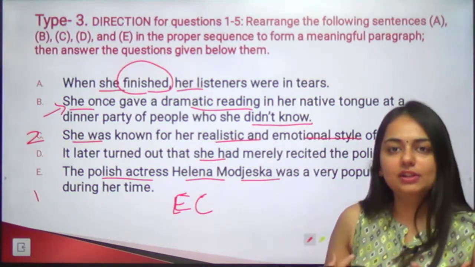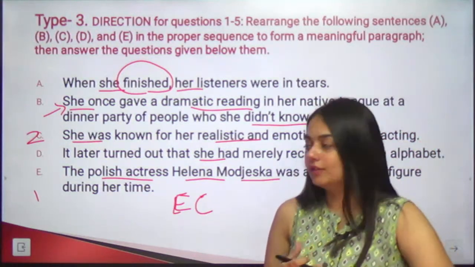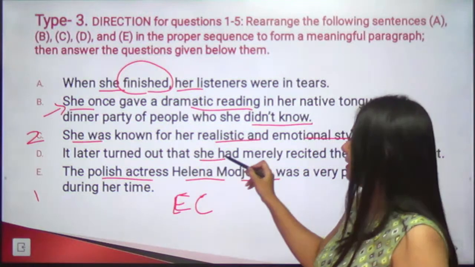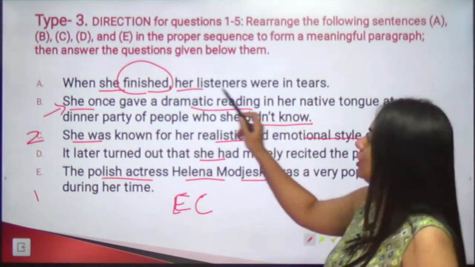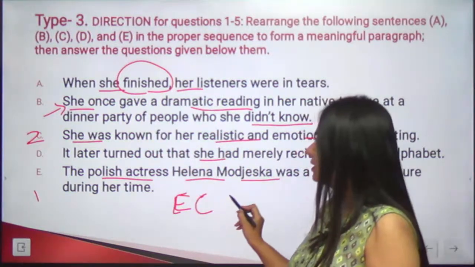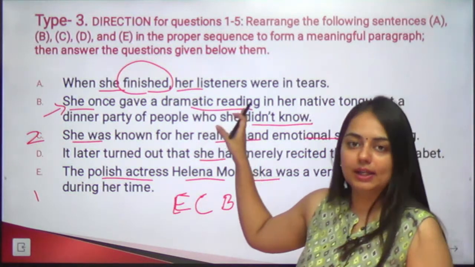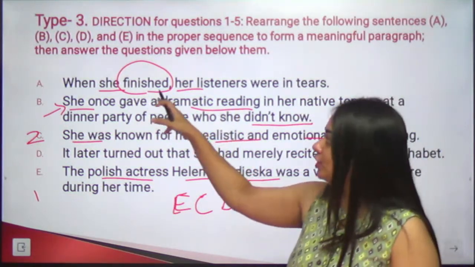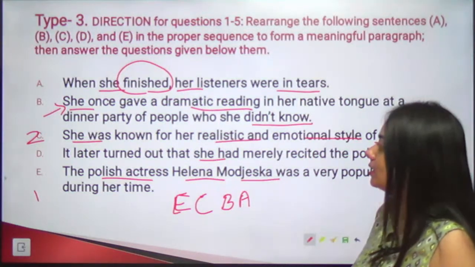So what happened after that? It's a kind of a narration. It almost comes to your mind. What happened after that? So it later turned out that she had merely recited the Polish alphabet. When she finished, obviously, after this sentence, we will put the A sentence. We are talking about a dramatic reading, a recitation. So when she finished, what happened after that? Listeners were in tears.